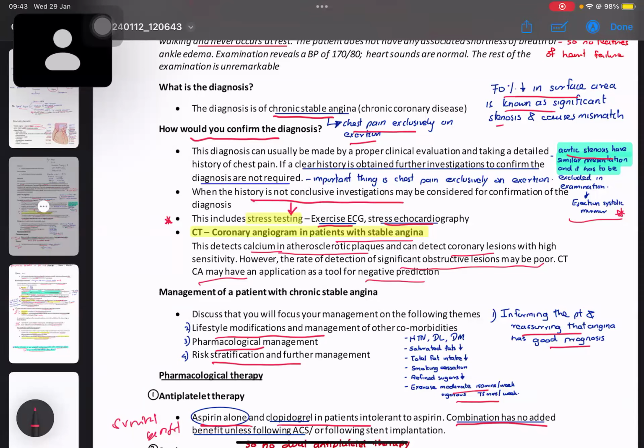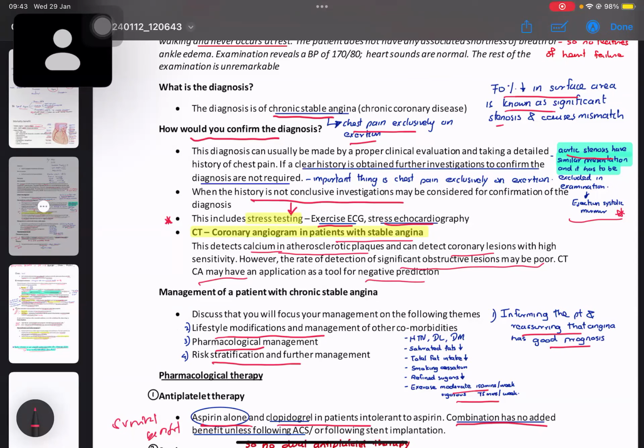So when they ask how to confirm the diagnosis, you should tell from the initial part. That means from the history and examination, and only then investigation. Don't jump directly to the investigation, because our clinicians don't like students telling investigation as the first thing to diagnose.